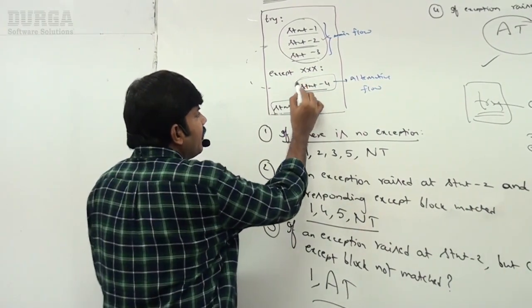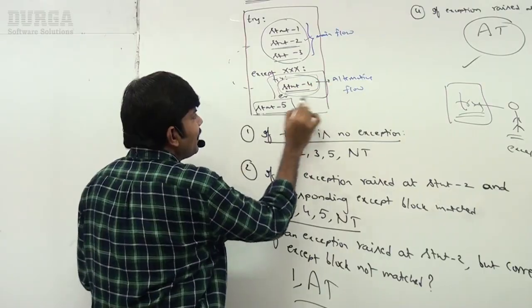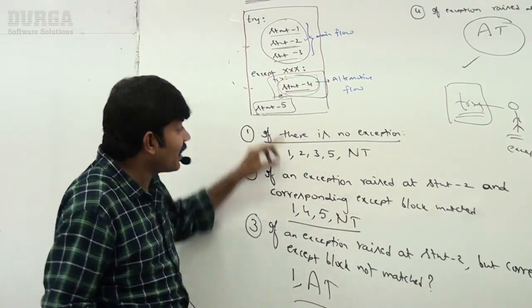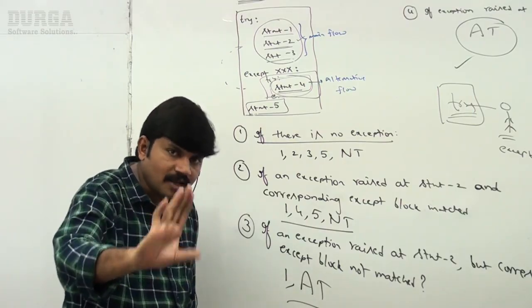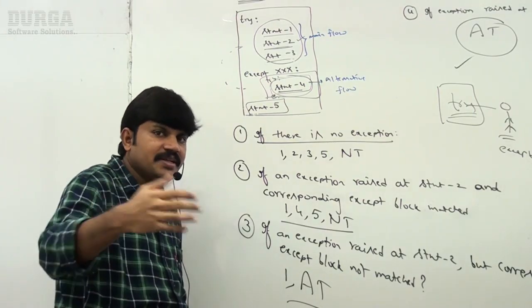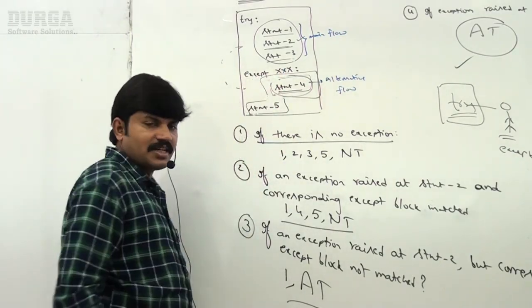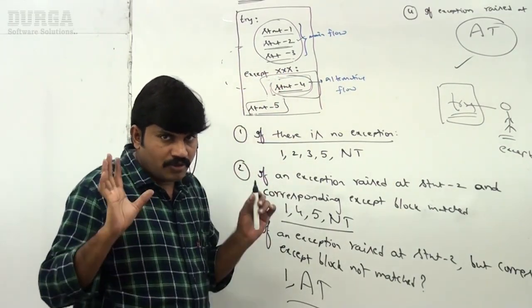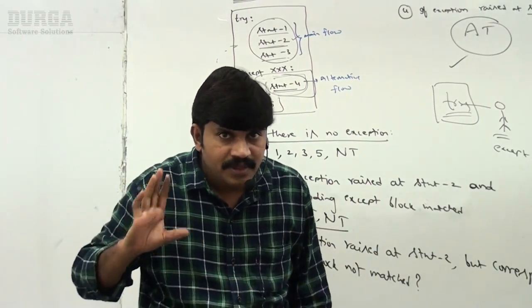Can I take this statement for another try except, a try except inside the except block, possible or not? Yes, possible, don't worry, we will discuss in detail next level. As of now, it is not part of the try statement, so abnormal termination. So any doubt about this control flow in try except blocks? Clear, right?